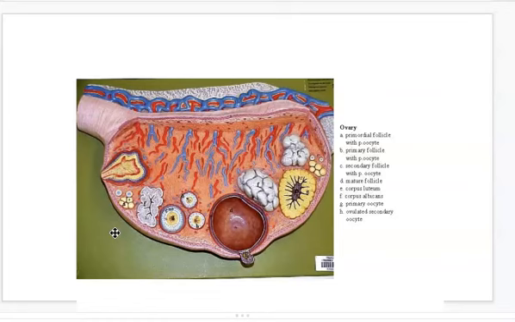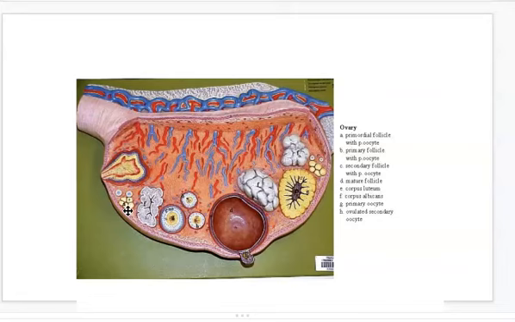When the female starts going through puberty and the right hormonal signals occur, every month one or a couple of primordial follicles are going to start to mature. So at puberty, in response to hormones, a primordial follicle, we're just going to stick with one, starts to mature.